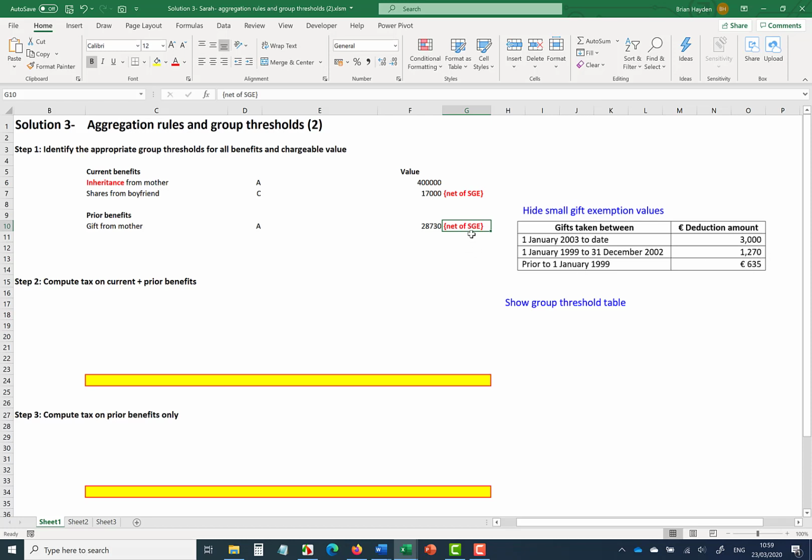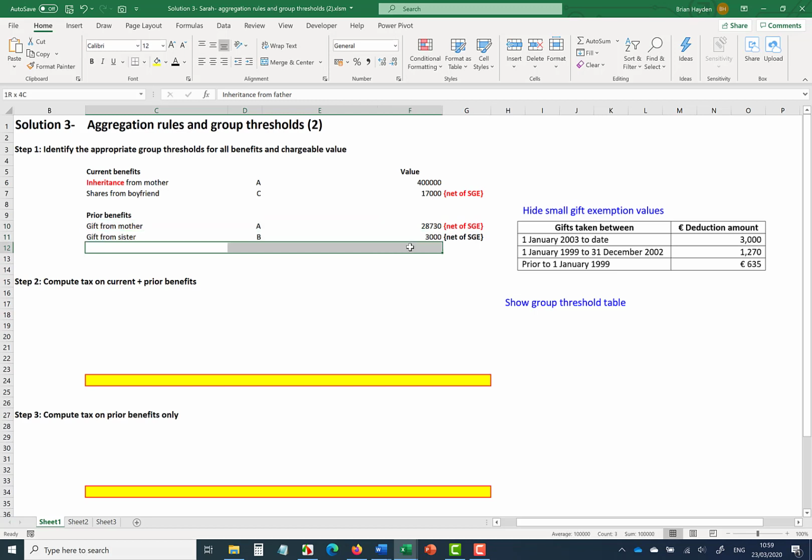That's again an exam point that is worth noting, that the small gift exemption value depends on the specific date that the benefit was received. She got a gift from her sister. Well, that's a Group B. That's essentially irrelevant because we're only interested in Group A and C benefits. So even though I've got a calculation done there, it's not relevant in later stages. The inheritance from her father, that is going to be important. Okay, it's a Group A, and there's no small gift exemption for inheritances.